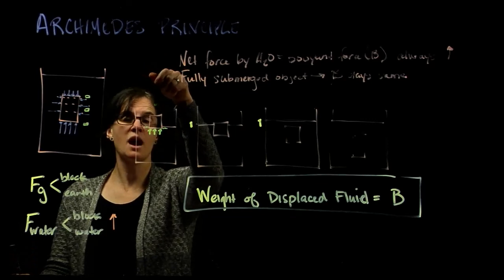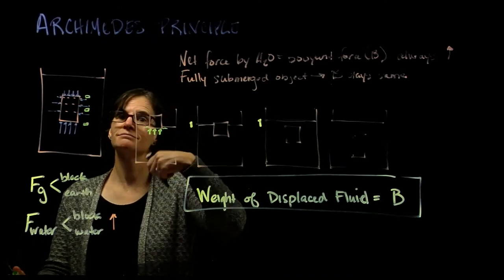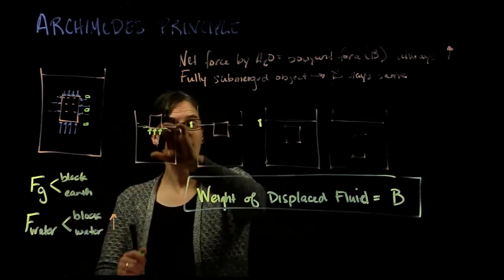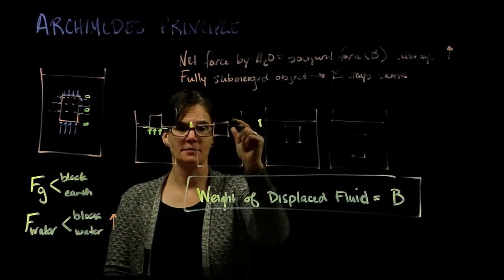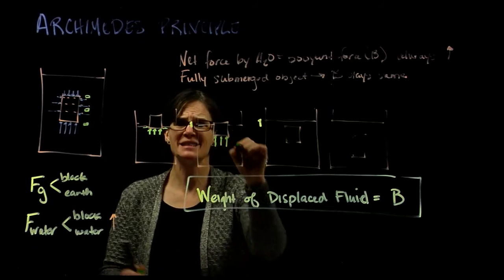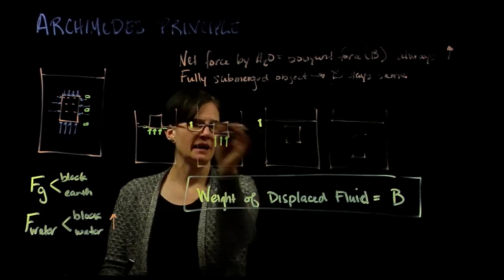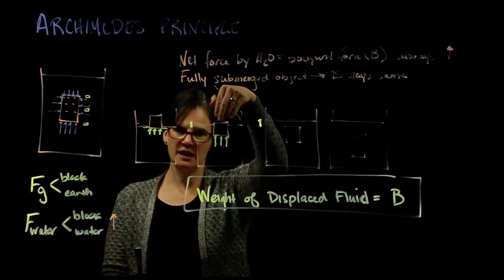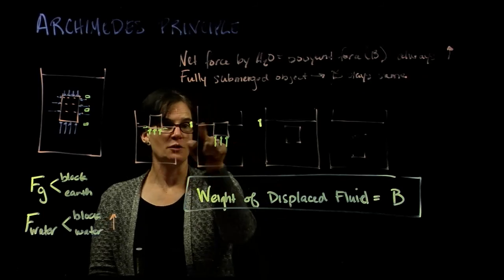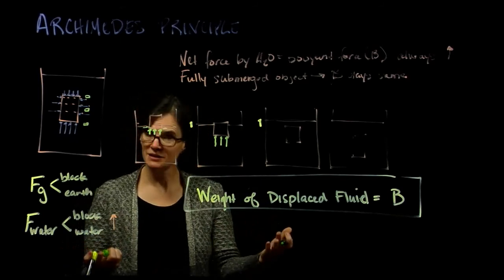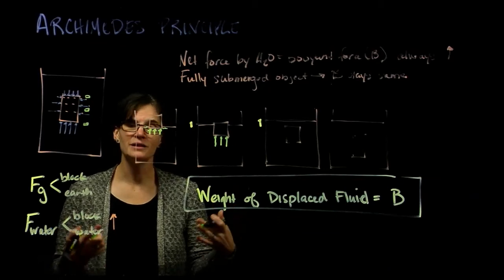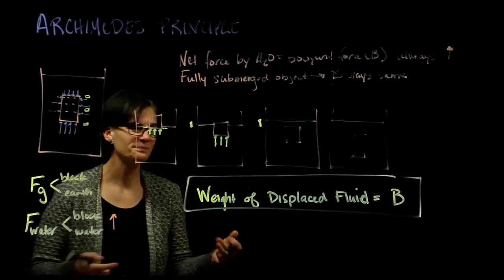There's no forces on the top because it's not yet fully submerged. As I further submerge the object, well, now my forces are going up. Why? Well, the object is deeper in the water. And again, the rights and lefts cancel each other out. We still don't have anything on the top, but the force is going up. And we know that the amount of displaced fluid is also going up. So it's consistent with our idea of the buoyant force.